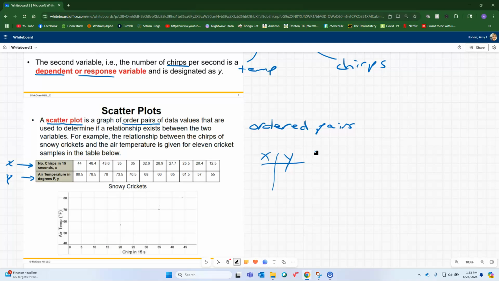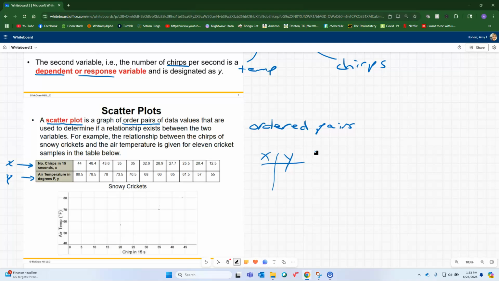They could do it in a minute, they could do it in 10 seconds, whatever, but they decided they're going to count the number of chirps in 15 seconds. And then the temperature in degrees Fahrenheit. Again, it could be degrees Celsius, degrees Kelvin, but they chose degrees Fahrenheit. And so we have how many chirps in 15 seconds compared to the temperature, and we're going to graph that.